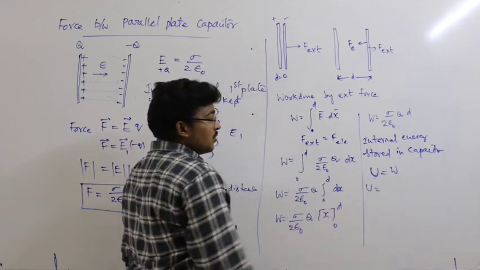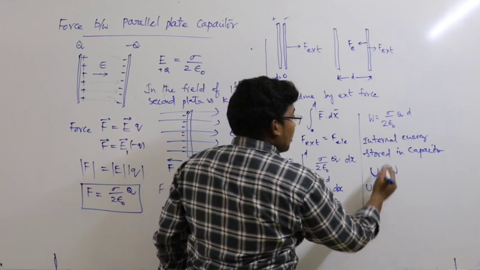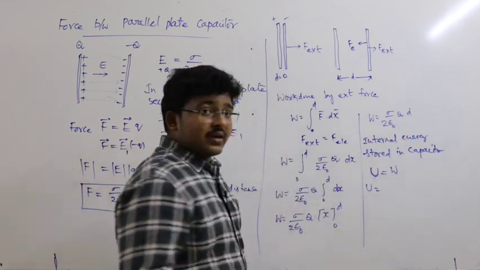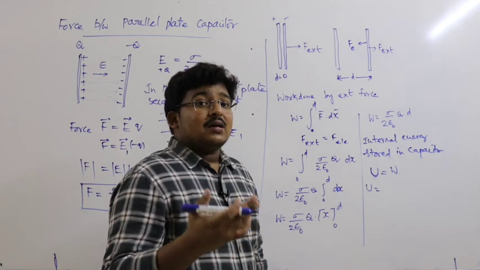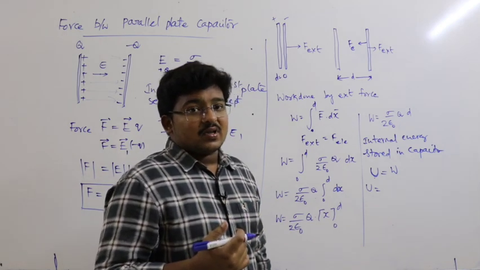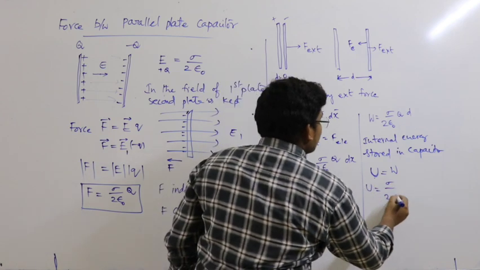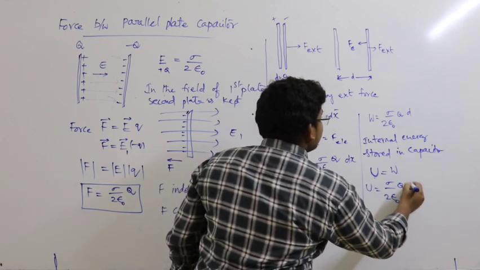Now what is W? Already, sigma upon 2 epsilon naught Q into d. Now can I write sigma? What is sigma? Surface charge density. So sigma upon 2 epsilon naught into Q into d.